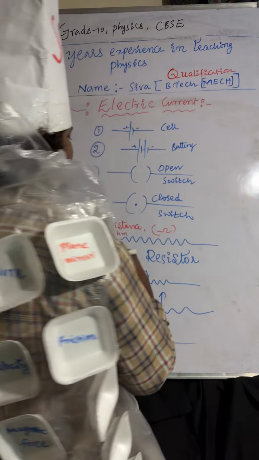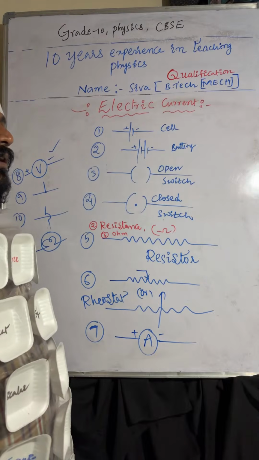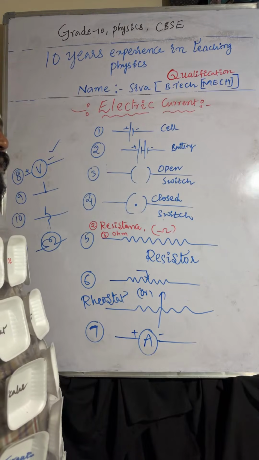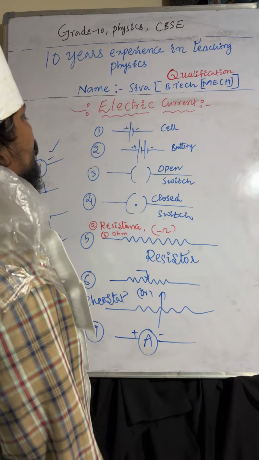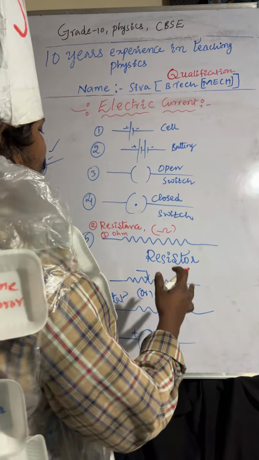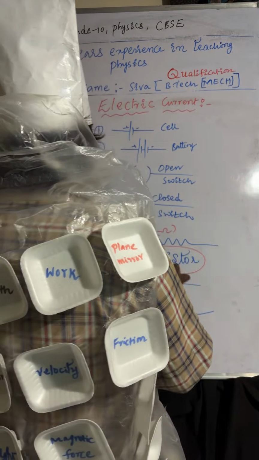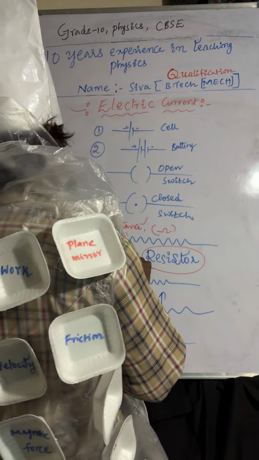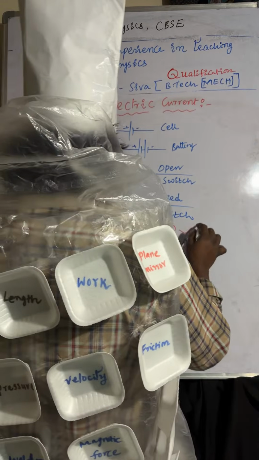These points are very important. So understand: cell, battery, open switch, closed switch. Resistor is a device which is used to oppose the electric current. Resistance is the phenomenon of opposing the electric current. SI unit of resistance is ohm, and we can take this symbol.